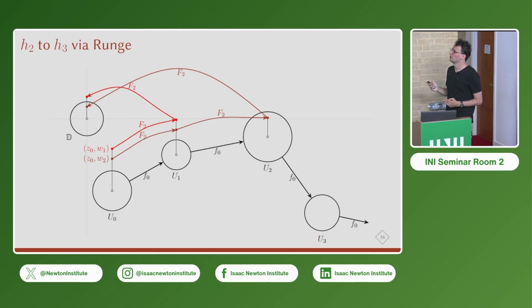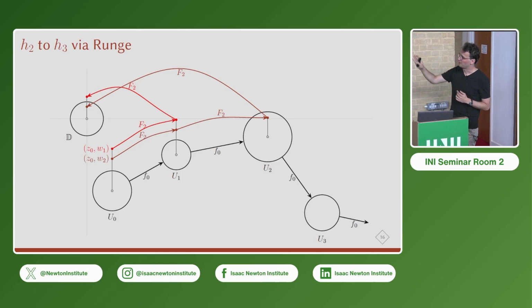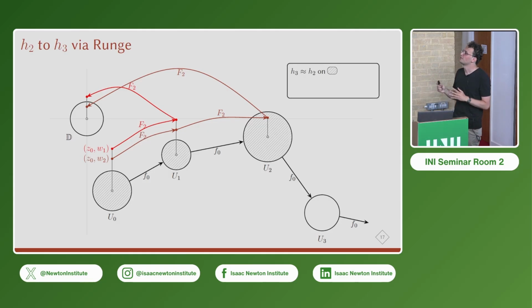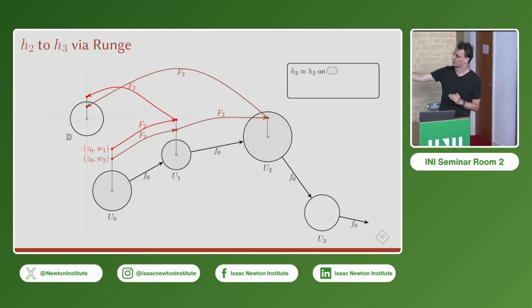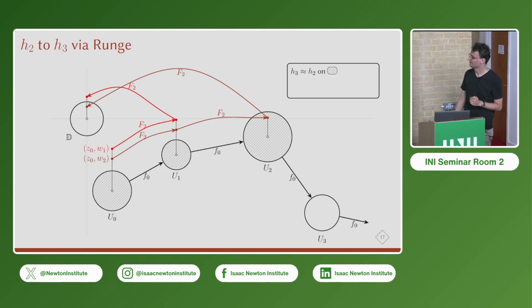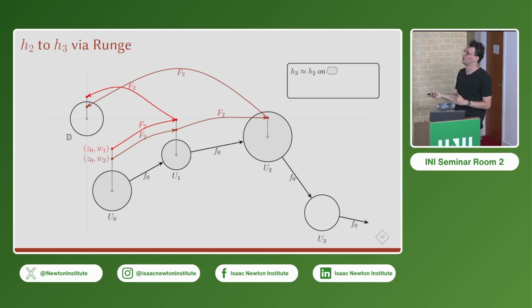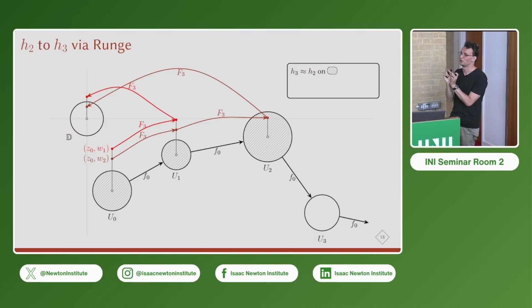And now what I want you to notice is that for the orbits of these points, it's only important how our function is defined on U0, U1, and U2. So if we construct our function H3 in such a way that H3 is very, very close to H2 on the sets U0, U1, and U2, then we know that we can basically substitute F2 by F3. So instead of F2, this also holds for F3, which is not 100% true. We have a very small perturbation, but at least the points still land in the bidisk.